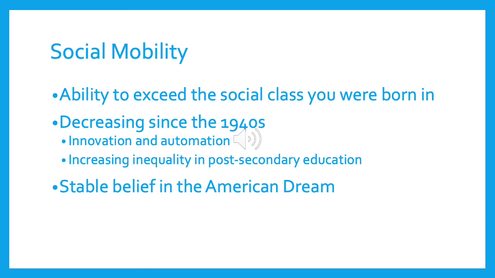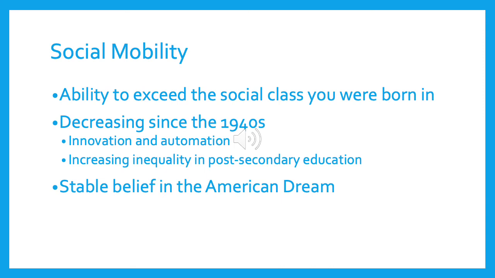For most of American history, children have economically exceeded the class they were born in when they grew up. But since the 1940s, this has been changing. Since the 1940s, we haven't seen as much upward social mobility as we used to in this country.